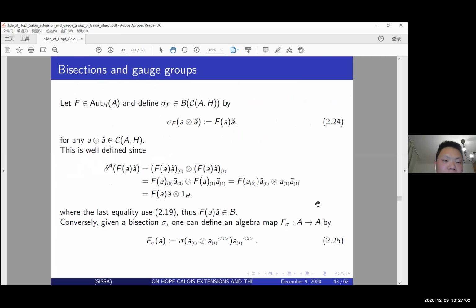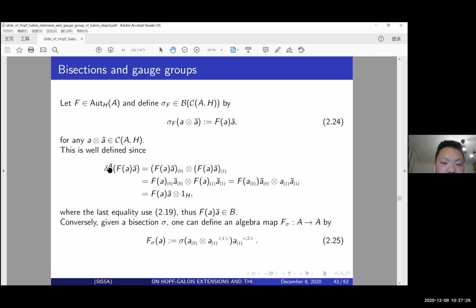So now let's come to the quantum case. For a given gauge transformation, we can define the corresponding sigma F, which is given by 2.24. That is sigma F of A tensor A tilde equal to FA times A tilde. And this is well defined since we first need to show F of A tilde belongs to the coinvariant subalgebra.